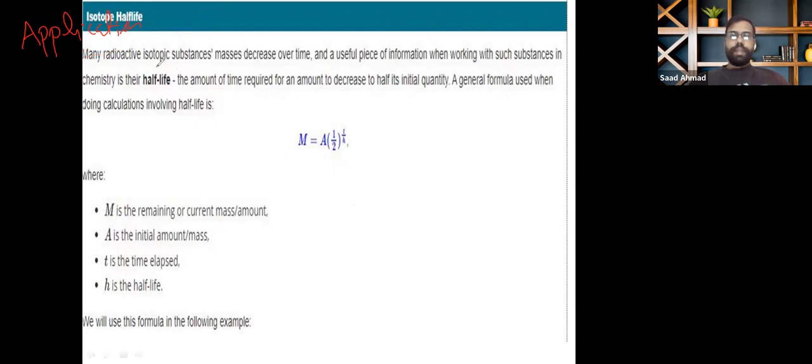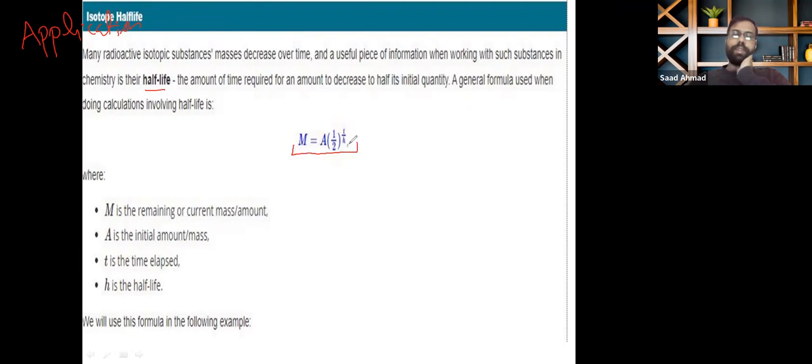So many radioactive isotope substances' masses decrease over time, and a useful piece of information when working with such substances in chemistry is called half-life. So there are some materials which are radioactive, and after some time they reduce to half. It can be many thousand years, or it can be a very small time depending on the material. So we use a formula to find the half-life of the material.